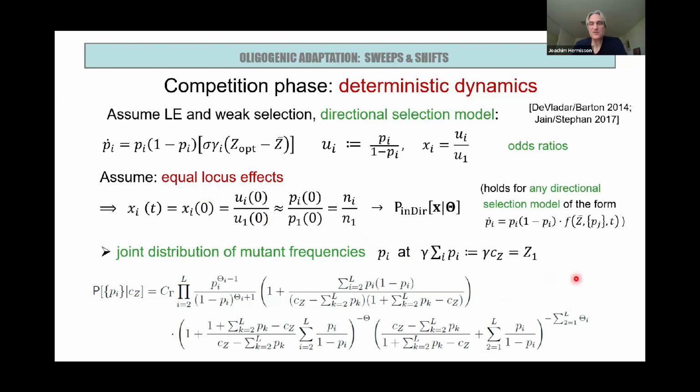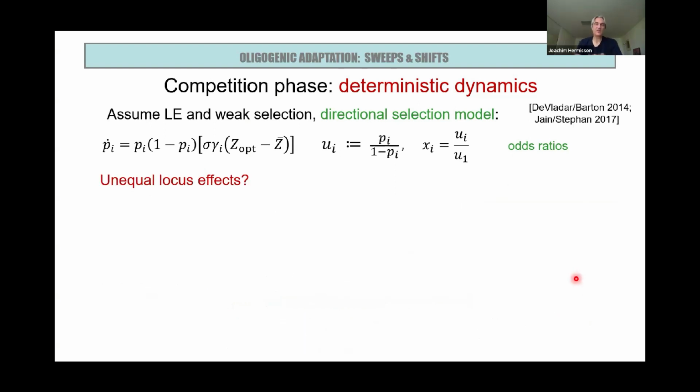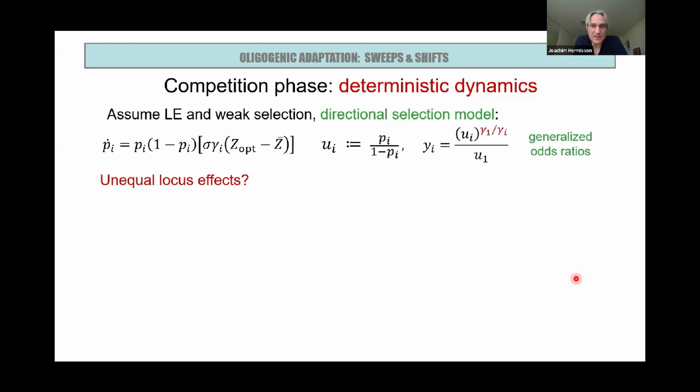But this was for equal locus effects. We should of course also ask what happens with unequal locus effects. Things are, as always, a little bit more complicated, but the idea was that we use these modified ratios, as you remember, and we can also introduce these on the level of the odds, so generalized odds ratios as before, with these locus effect sizes.